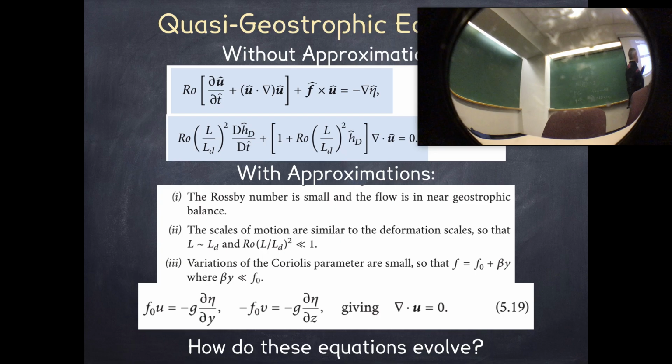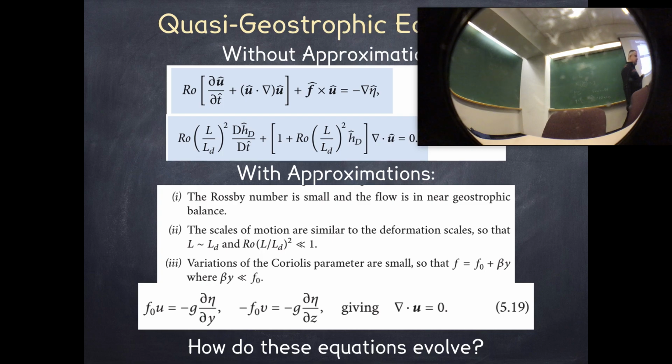Scales of motion are similar to the deformation scale. So L is the same size as LD, which makes this term small, which kills this and makes it just horizontally incompressible. Variations of the Coriolis parameter are small as well. So properly, we could have had F plus beta Y here, and then we would have had a slightly different velocity field that goes along with it.